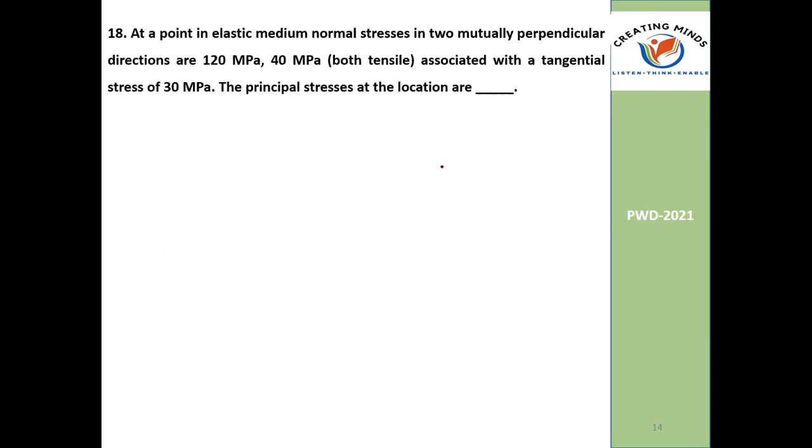See, next problem. At a point in an elastic medium, normal stresses in two mutually perpendicular directions. What are the two mutually perpendicular directions? This and this. Always the first one is the x-axis, so 120, and another one is 40 MPa.